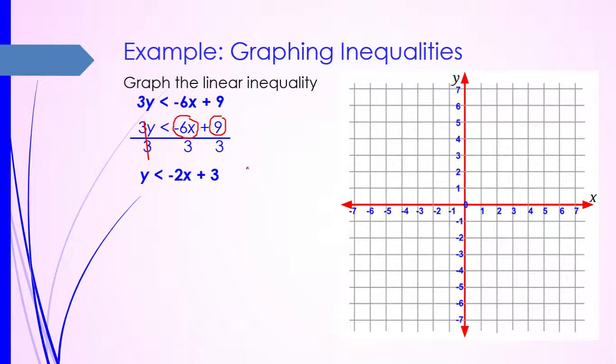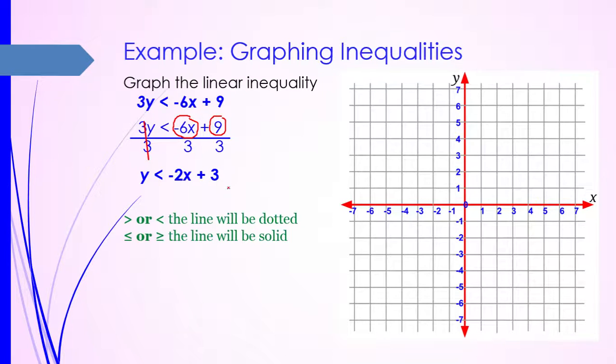So now we have our inequality. Y is less than negative 2x plus 3. Now we get to graph. So let's decide what kind of line we are going to use. Solid or dotted? Well, it is a less than sign, so it is going to be a dotted line. I don't know if you remember how to graph equations, or in this case inequalities, but same thing.